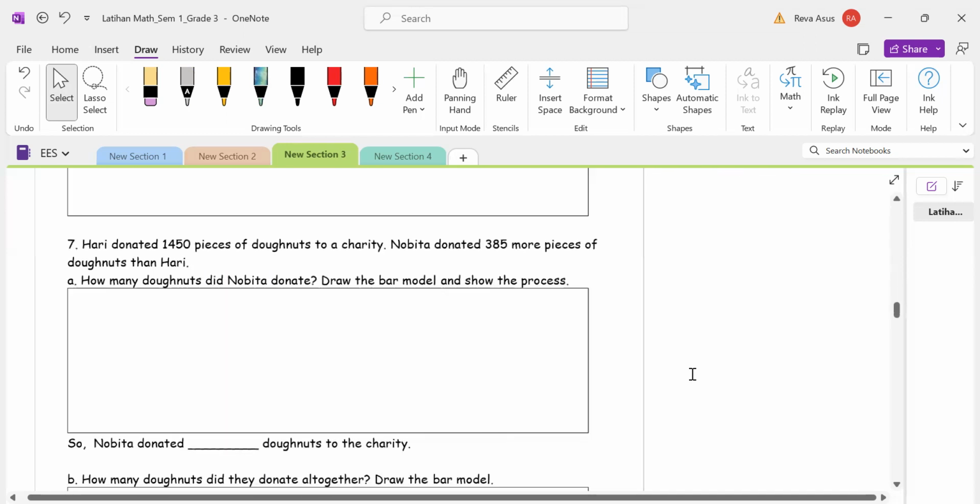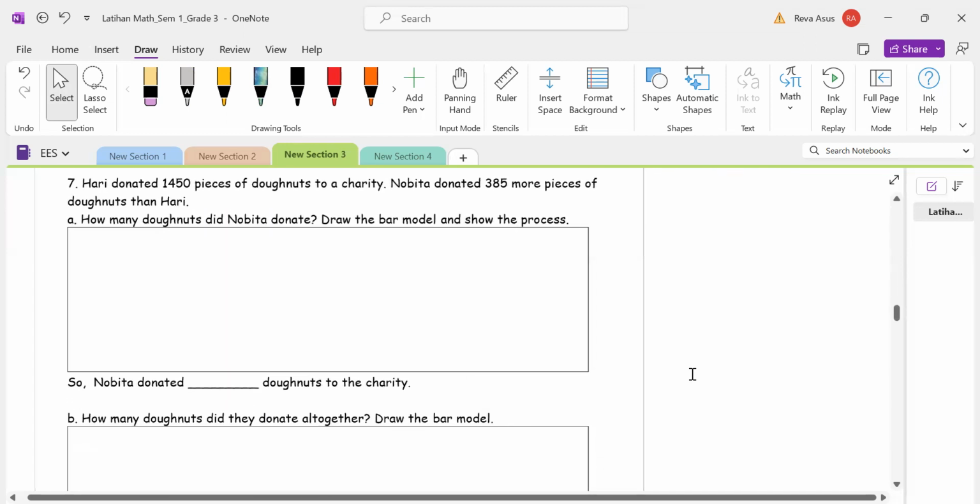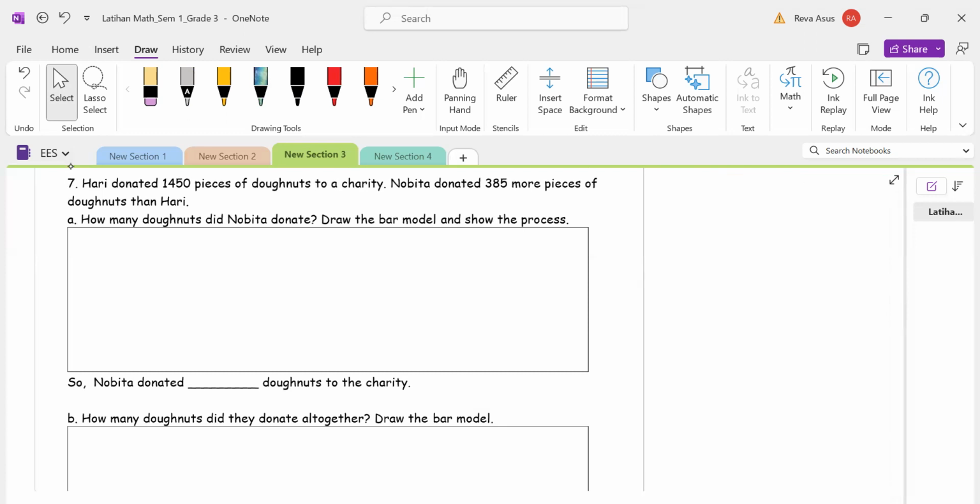And then number 7, Harry donated 1,450 pieces of donuts to a charity. Nobita donated 385 more pieces of donuts than Harry. So, at first, we have Harry donated 1,450 pieces.